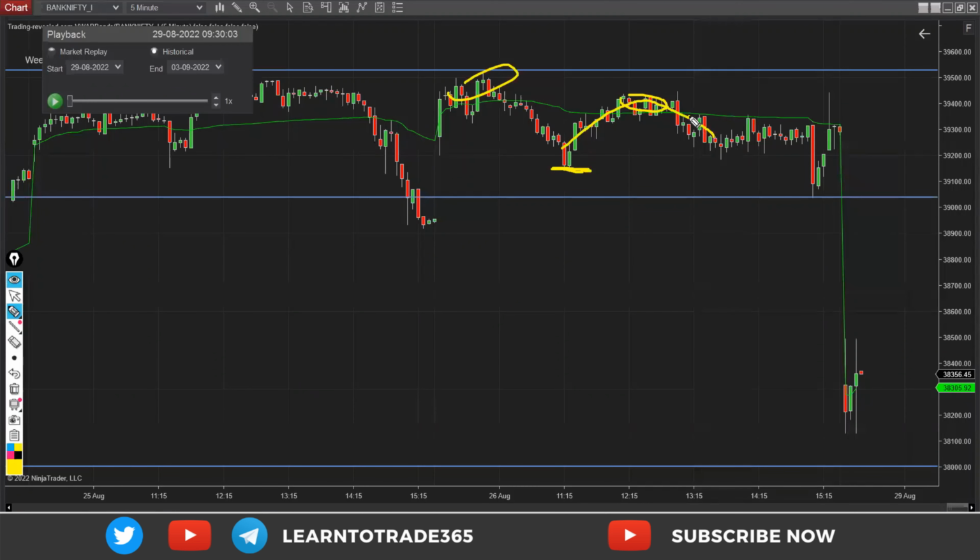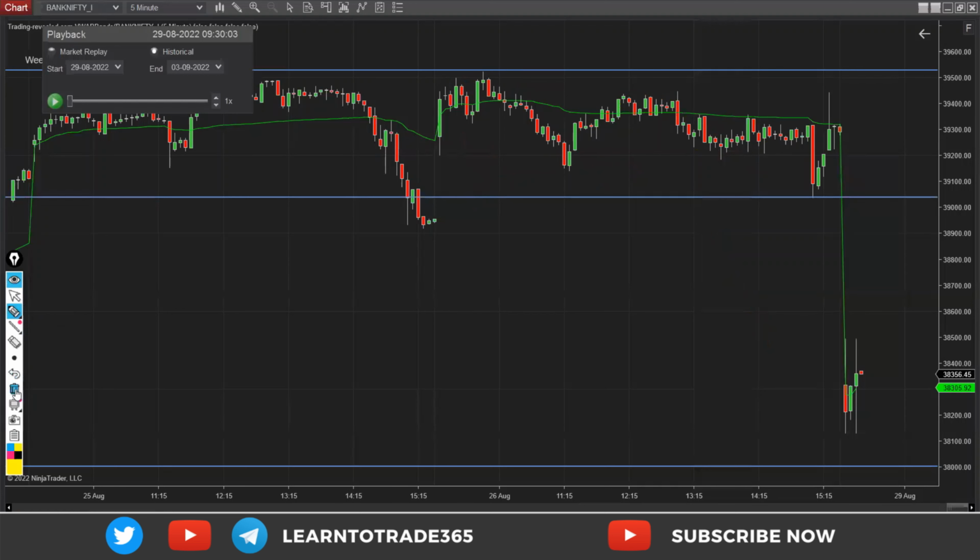And after that, price was trading below VWAP for more than 1.5 or 2 hours, but it has not even broken this nearest low. Forget about down. So now practically think whether the sellers were stronger. You will get an answer called no. Here no one was stronger.